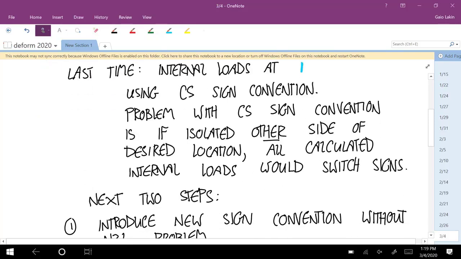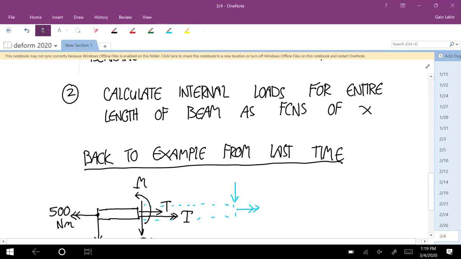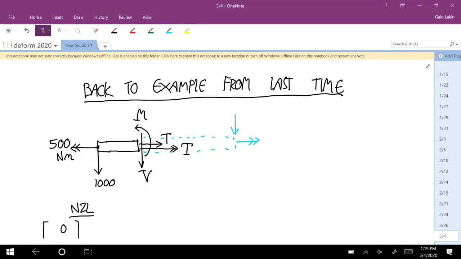So the piece that we're isolating is this with our desired line there, okay? So we're not dealing with any of the internal loads on the left side of that isolated sliver.